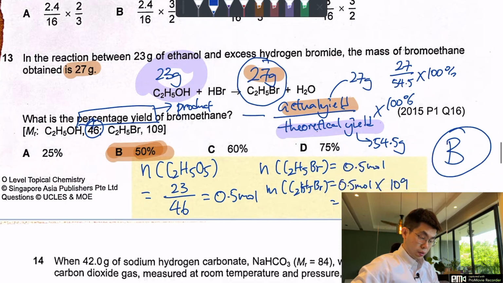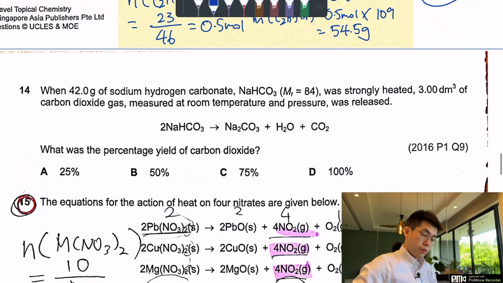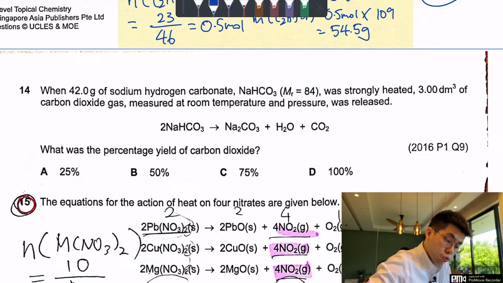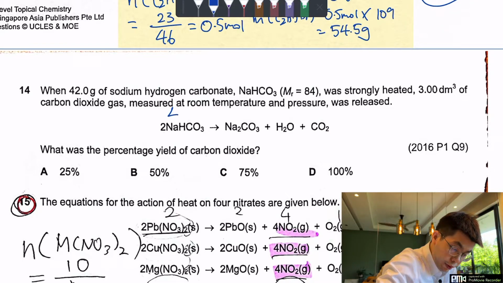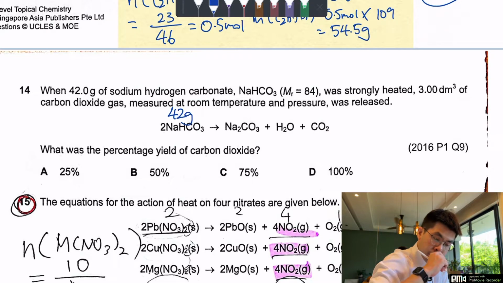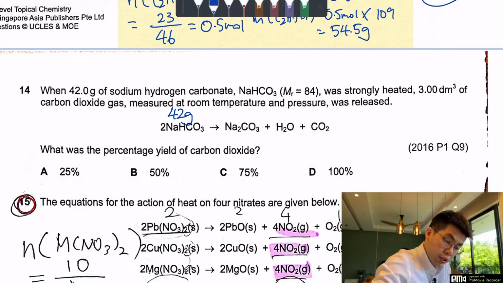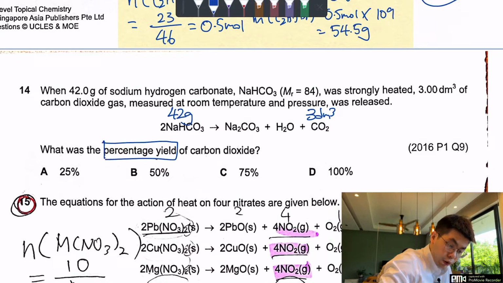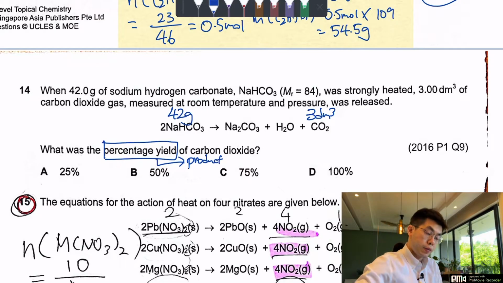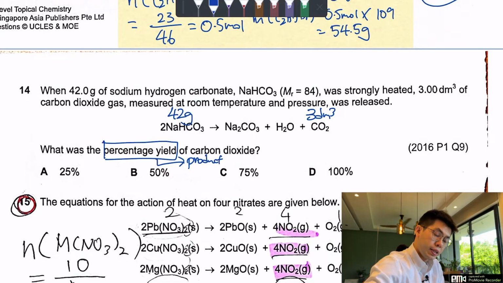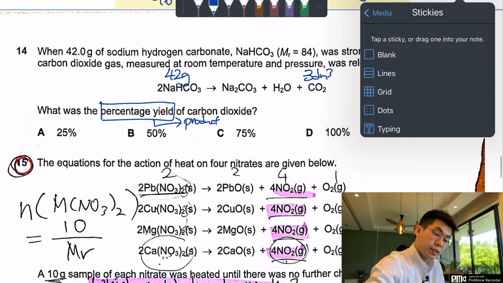Okay, question number 14. 42 grams of sodium hydrogen carbonate was heated strongly, and 3 dm cube of carbon dioxide was produced. Percentage yield refers to the product, so like what we did previously, we need to find the theoretical yield.